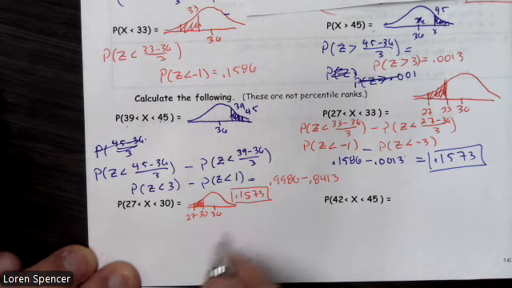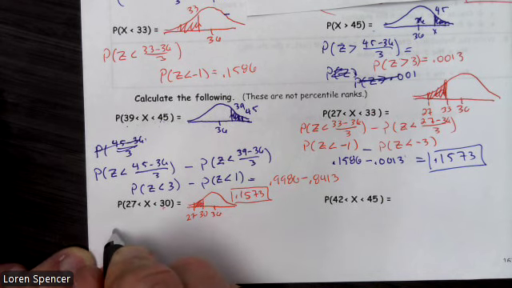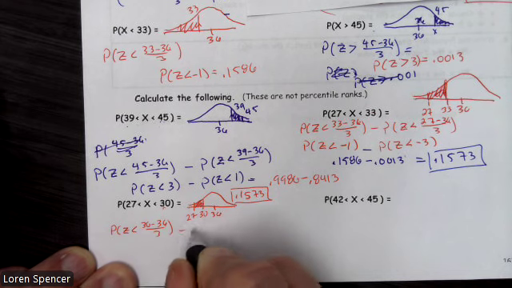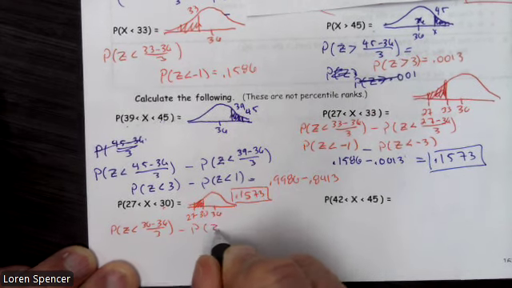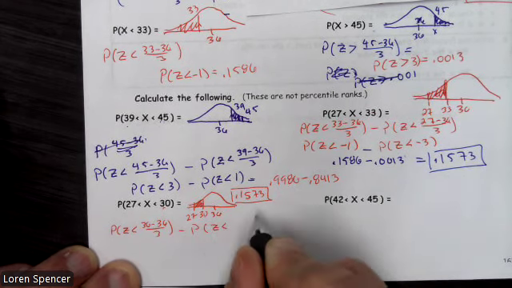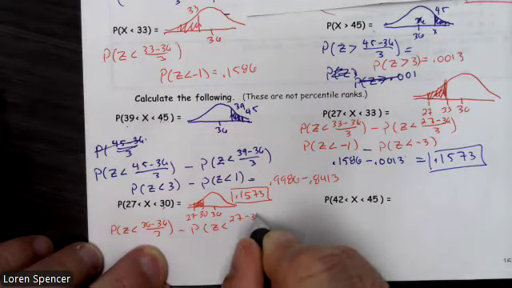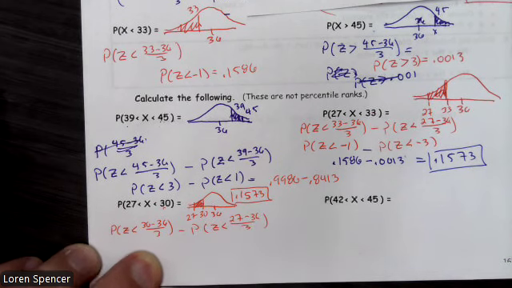So I'm looking for that. And we start off with a higher value. So we want the probability that Z is less than (30 minus 36) over 3 minus the probability that Z is less than (27 minus 36) over 3.